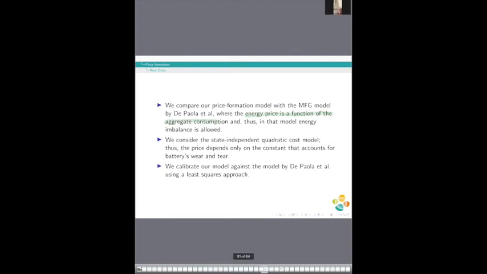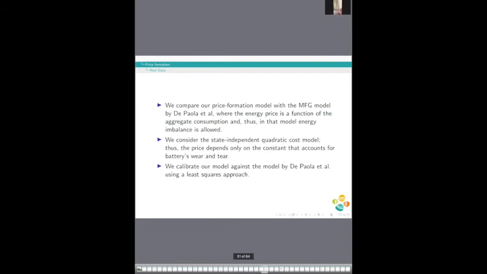So in principle, it can have an imbalance. And the idea is that probably some coal burning central would make up for the difference. But here, what we did, we calibrated our model against their models and tried to see what kind of prices do we get.